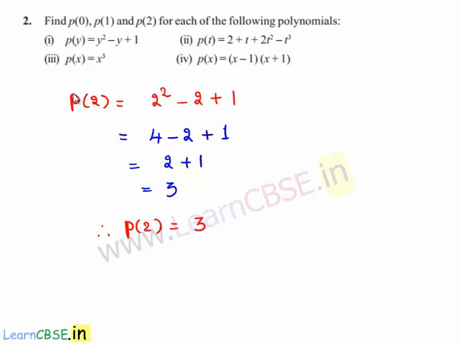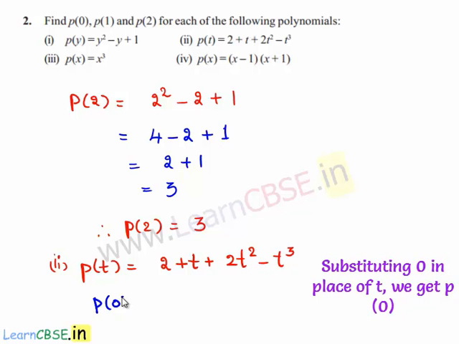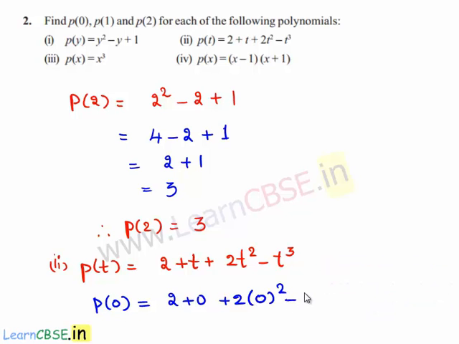Going on to the second bit, which is P of t is equal to 2 plus t plus 2t square minus t cube. So let us first find P of 0. This is equal to 2 plus 0 plus 2 times of 0 square minus 0 cube, which is equal to 2 plus 0 plus 0 minus 0, which is equal to 2.